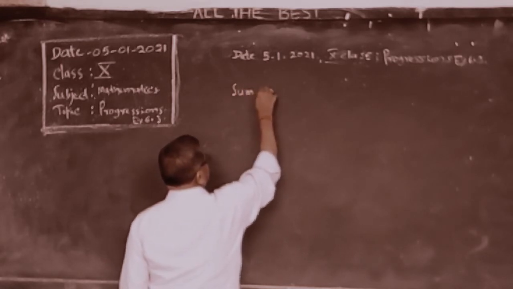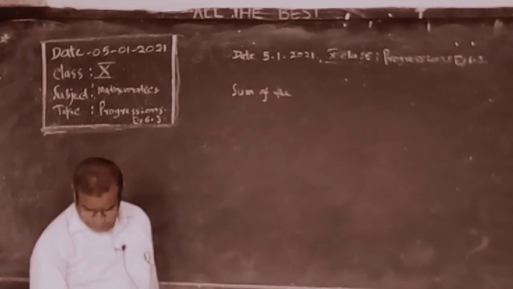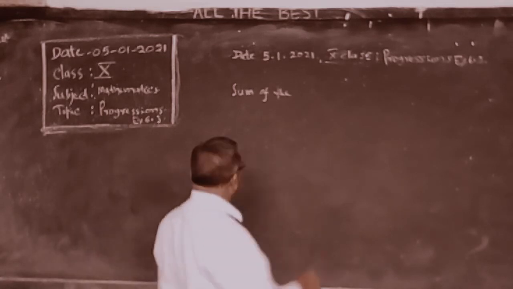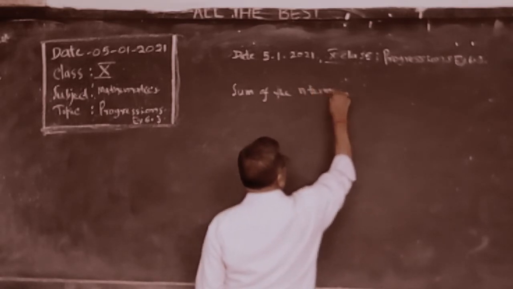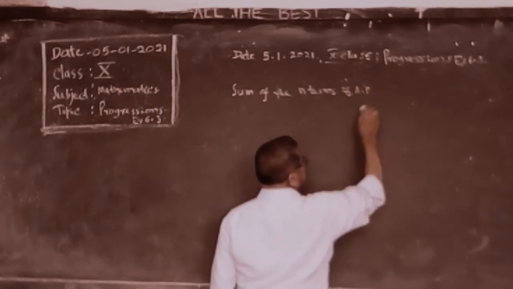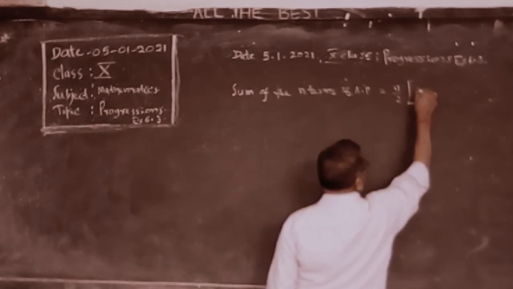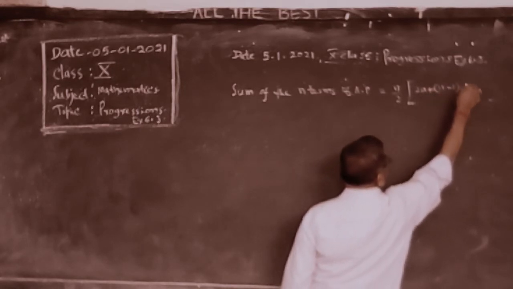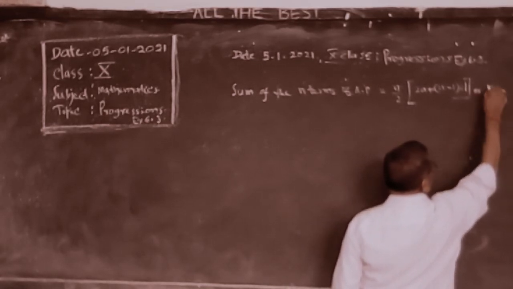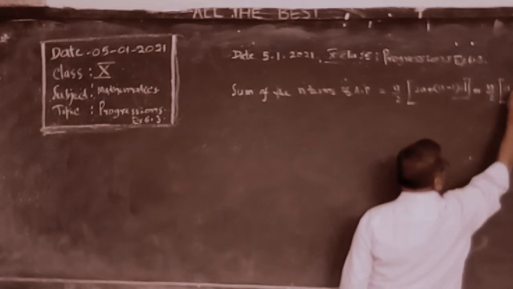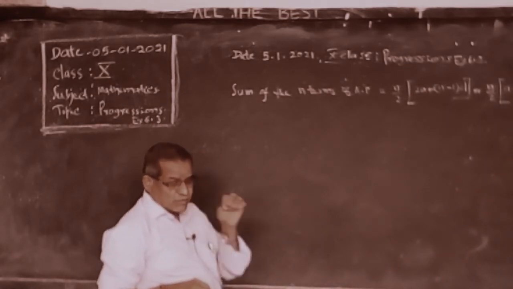Please note it down. The sum of n terms of an AP is equal to n by 2 of 2a plus (n minus 1) d, or n by 2 of (a plus l), where a is the first term, l is the last term, and n is the number of terms.